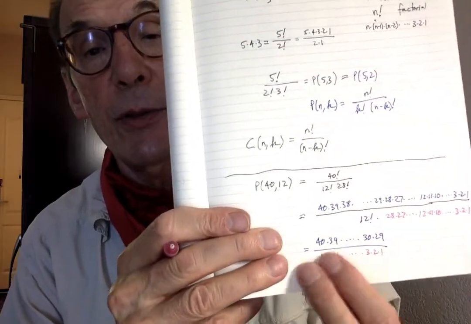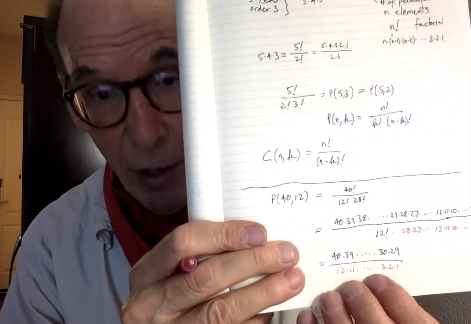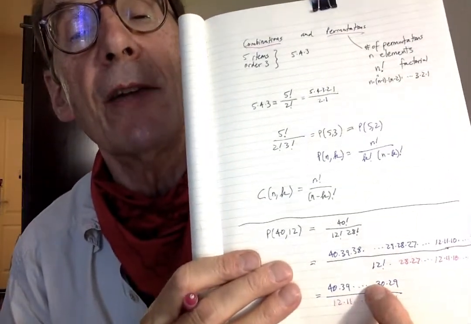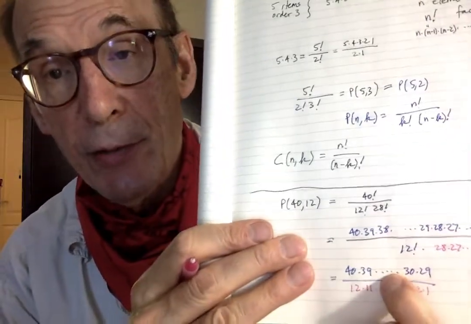And now what you can do is do a lot of ad hoc stuff. So for example, you've got an 11 on the bottom here, and you've got a 33 up here. So those are going to cancel. So you can start doing a lot of cancellation and come up with a number. It's still a big number, but it's more likely that you can calculate it correctly if you keep in mind the meaning of factorial.